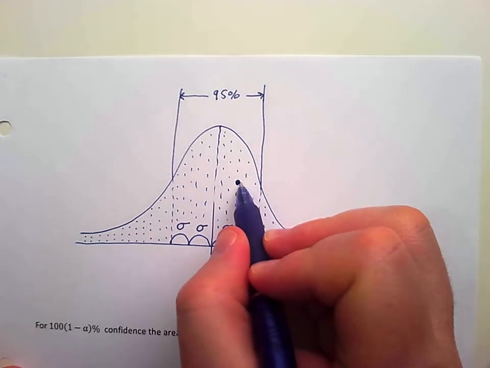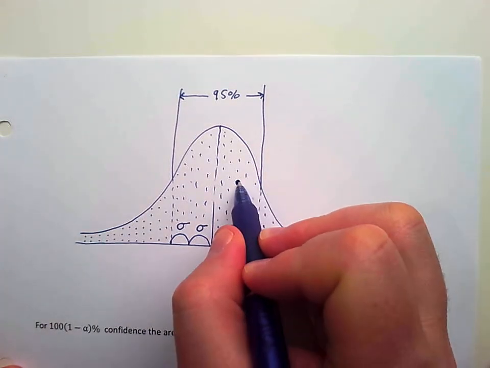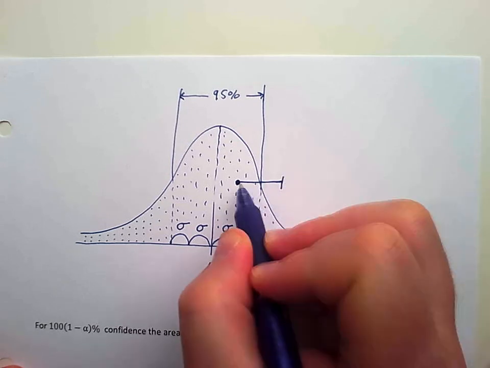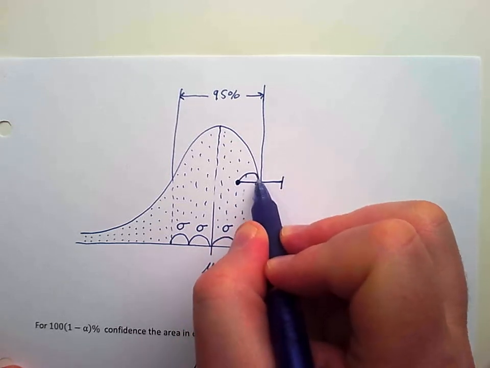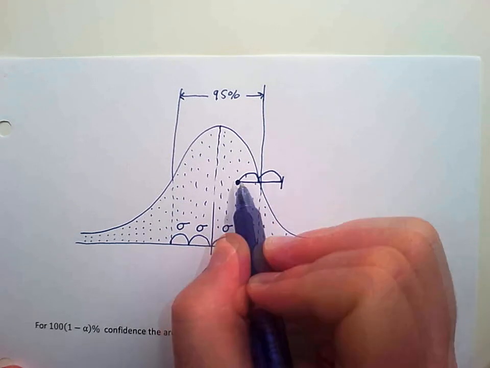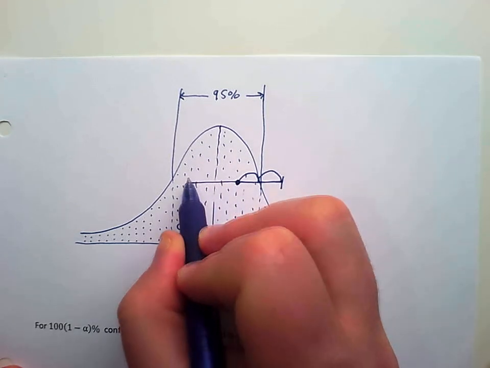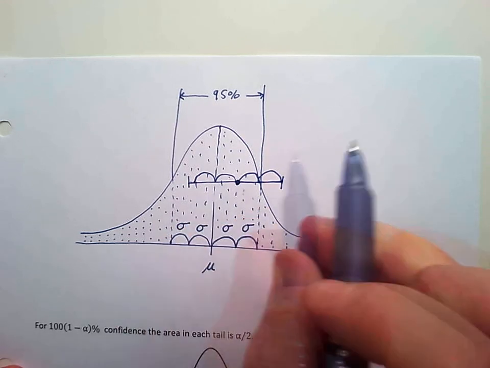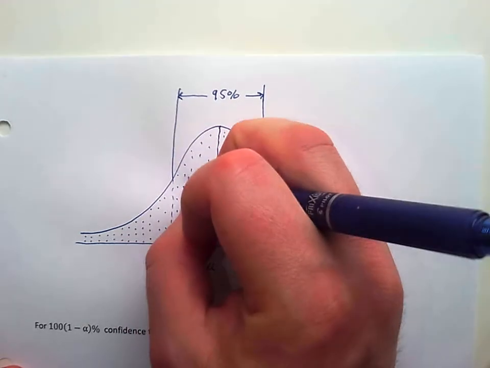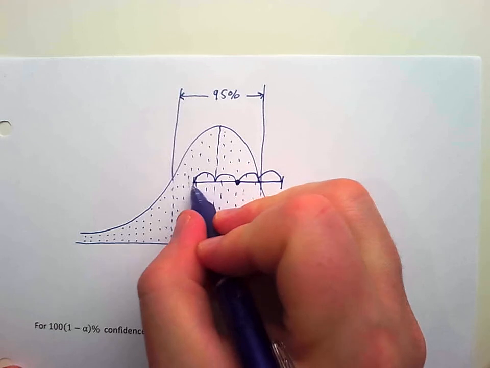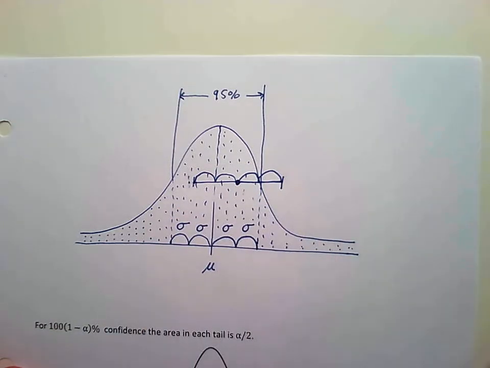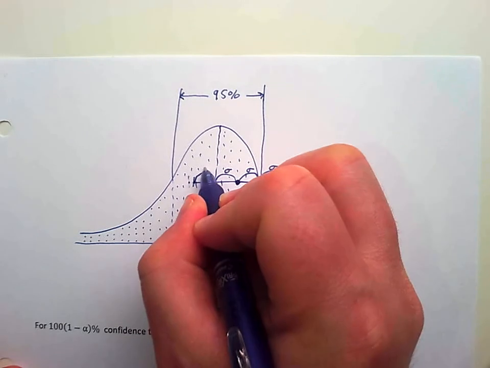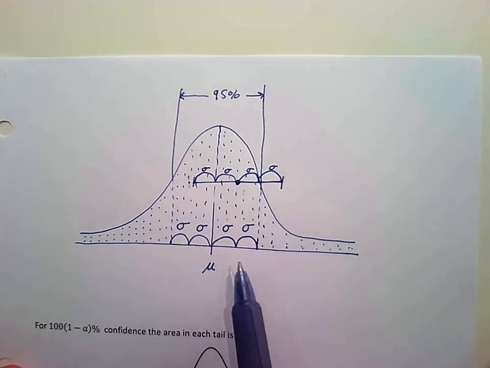If from this dot I made an interval, and this interval was also 2 standard deviations to one side, and 2 standard deviations to the other side. So you can think of this right here as being a sigma, this right here as being a sigma, this one here is a sigma, and this is sigma.